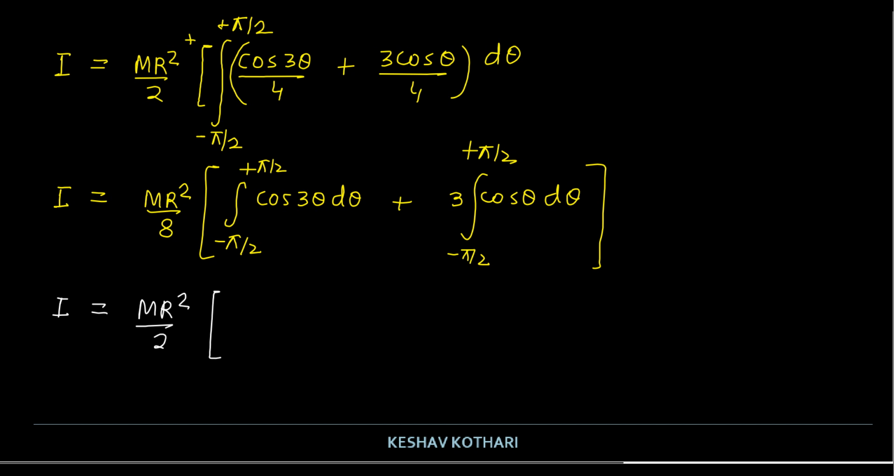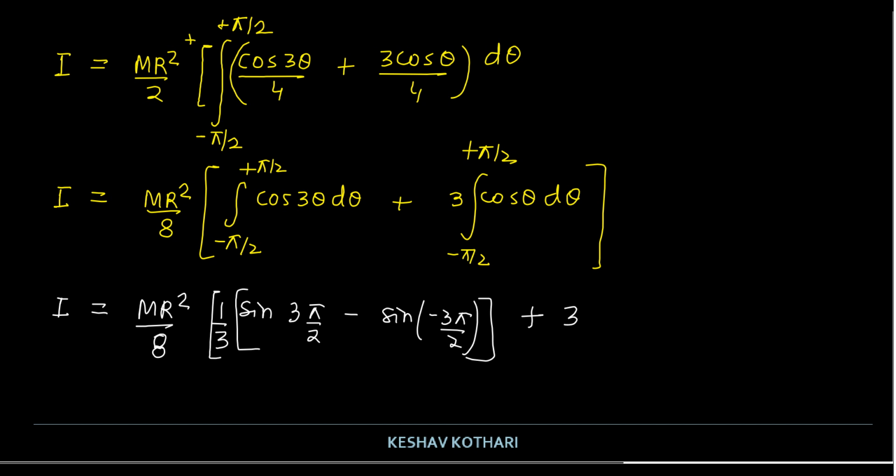That is, I can write it as sine of 3 pi by 2 minus sine of minus 3 pi by 2, and 1 by 3 will be coming down, plus 3 times integration of cos theta, which is sine theta, so sine of pi by 2 minus sine of minus pi by 2.